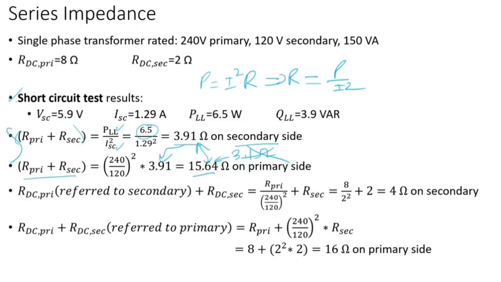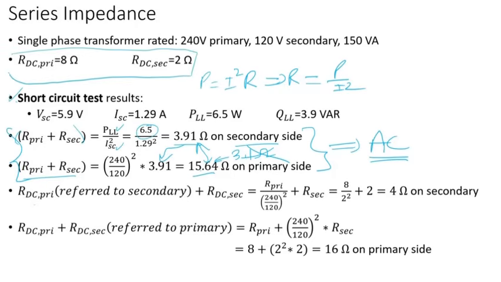So this resistance here, which is the total, which includes the primary and secondary, is based on AC measurement. I can use the DC. So the DC resistance, which is given here, which is measured using an ohm meter, basically, which is DC. I can take the primary, referring it to the secondary, plus the secondary.